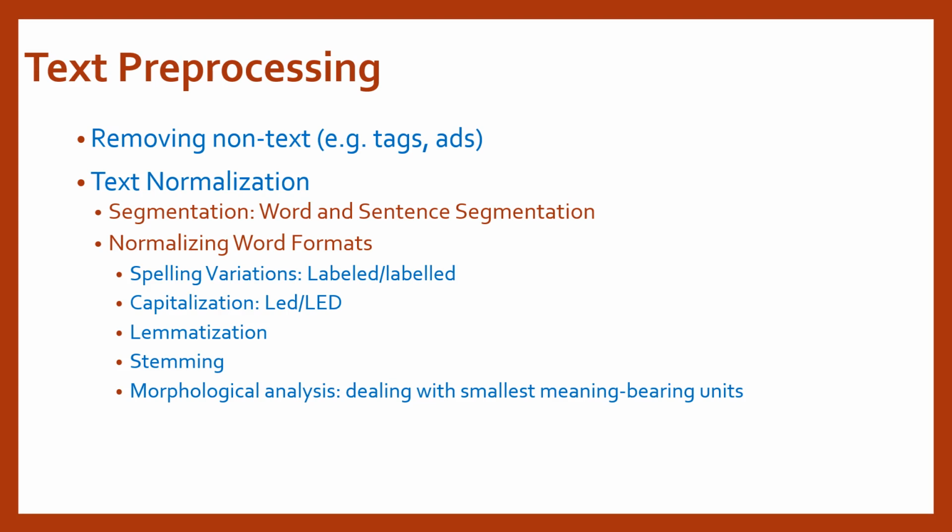So the first thing is, when you are working with raw text, if you have collected it from some sources, there may be additional tags, for example XML or HTML tags, document headers, separators, tables, diagrams, etc. So you need to remove that extra text.